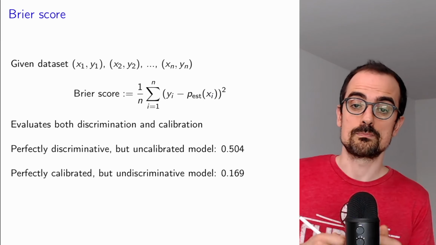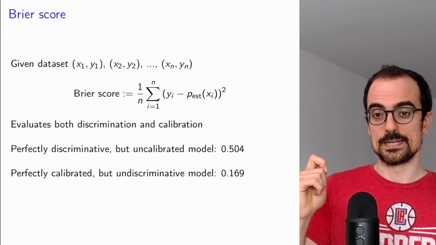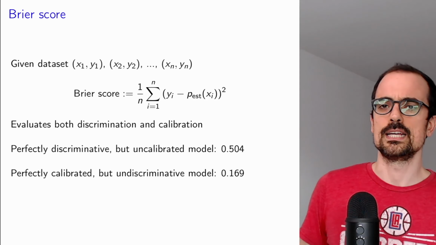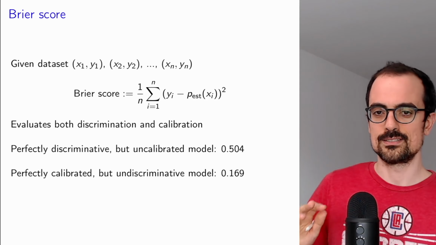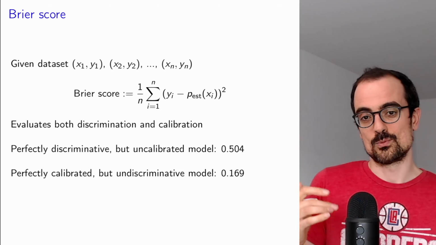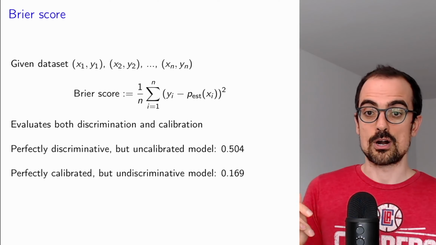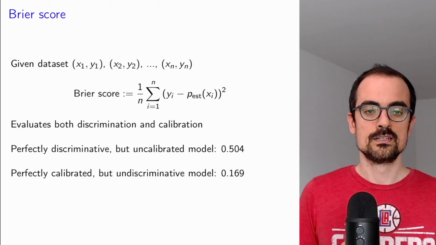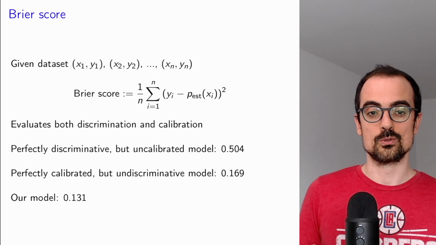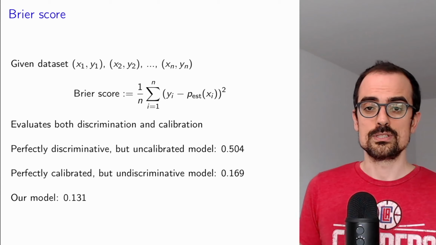The classifier that was perfectly calibrated but not using the features, just giving a probability of 78.1% to everyone, and was hence completely undiscriminative, has a Brier score of 0.169. Our classifier has a Brier score of 0.131 because it is reasonably discriminative. Its AUC is not bad.